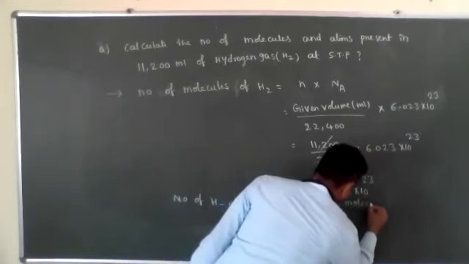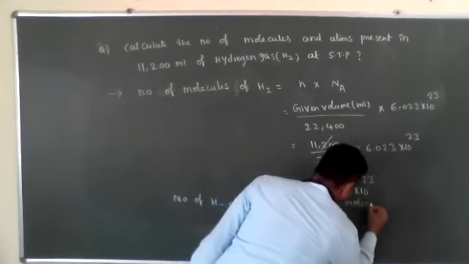That many molecules means half a mole only, Avogadro number by 2, which is 3.011 × 10^23 H2 molecules. One H2 molecule is equal to 2 hydrogen atoms.